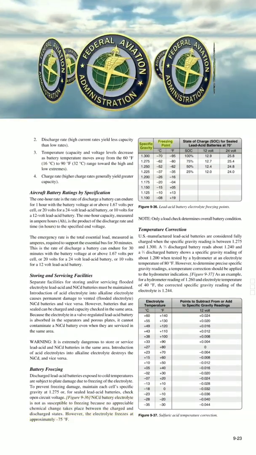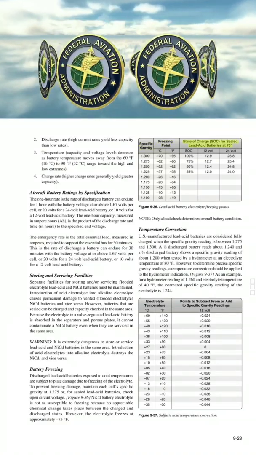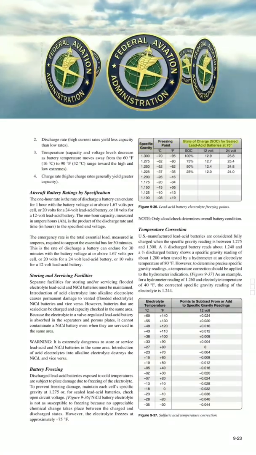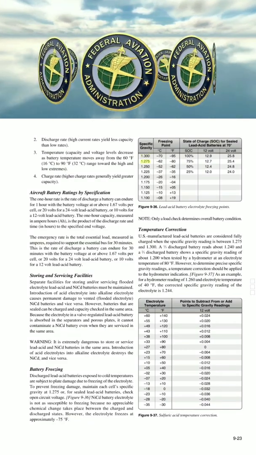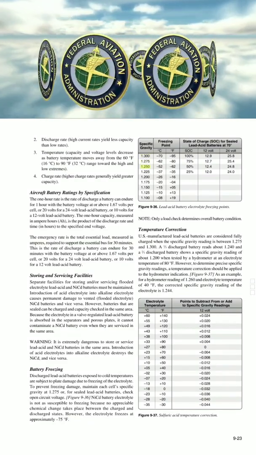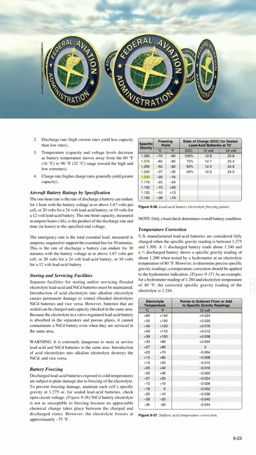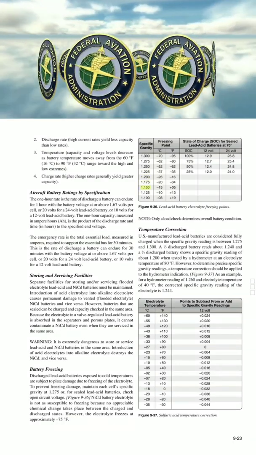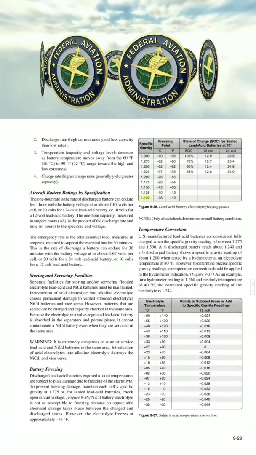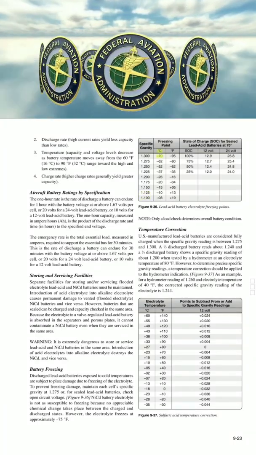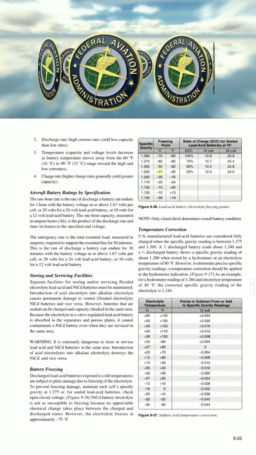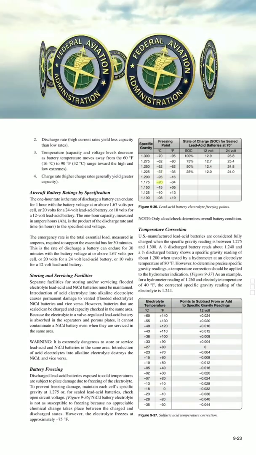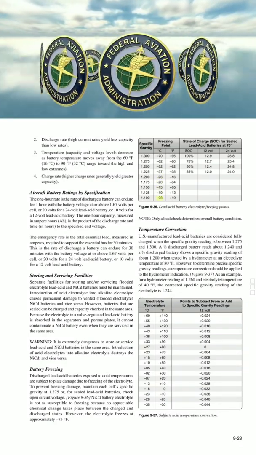Freezing point, specific gravity, state of charge, SOC, for sealed lead-acid batteries at 70 degrees. Specific gravity: 1.300, 1.275, 1.250, 1.225, 1.200, 1.175, 1.150, 1.125, 1.100. Degrees C: minus 70, 62, 52, 37, 26, 20, 15, 10, 08.